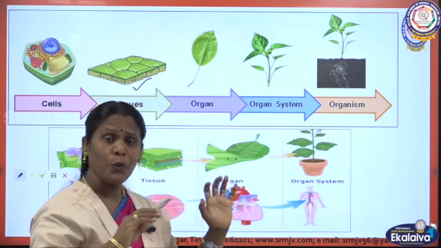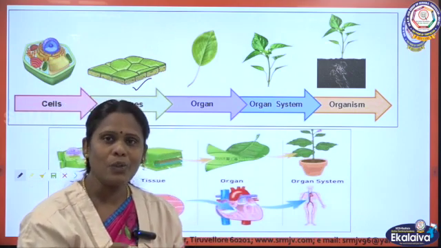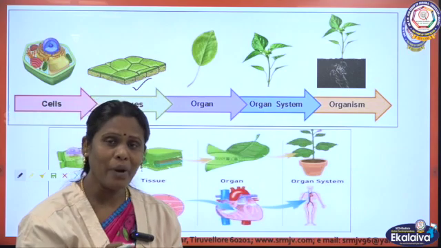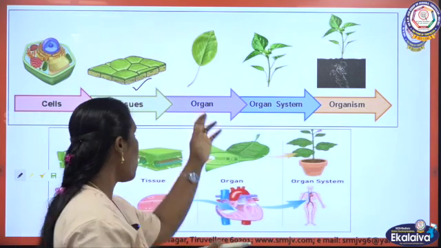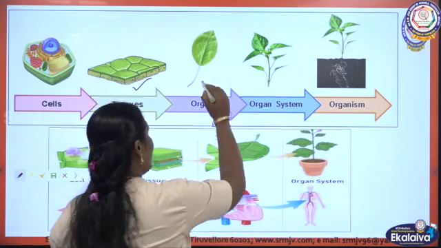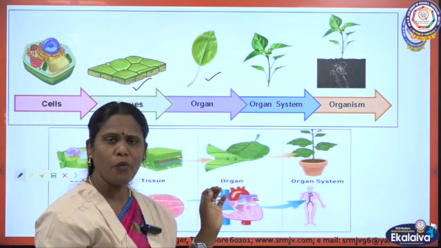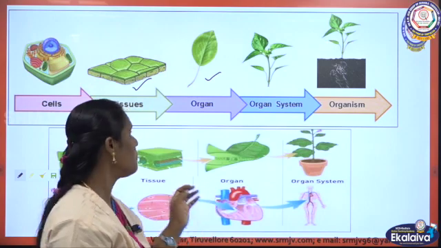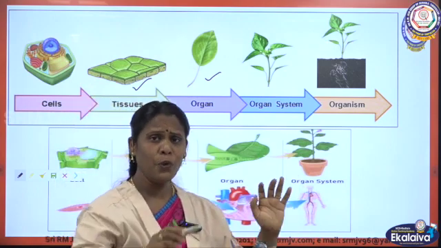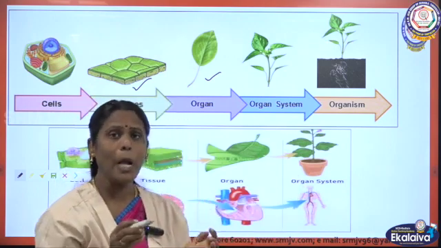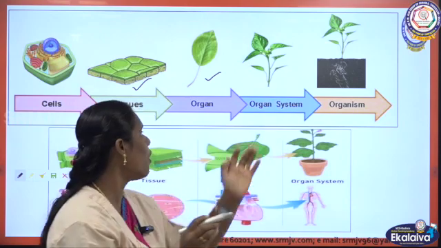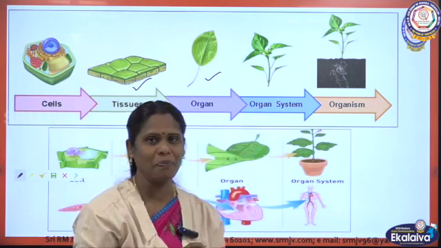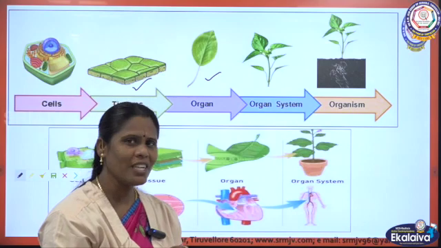Next, a group of tissues joined together form an organ. For example, leaf and stem are organs, right? Next, a group of organs combine together to form an organ system. What is an organ system?